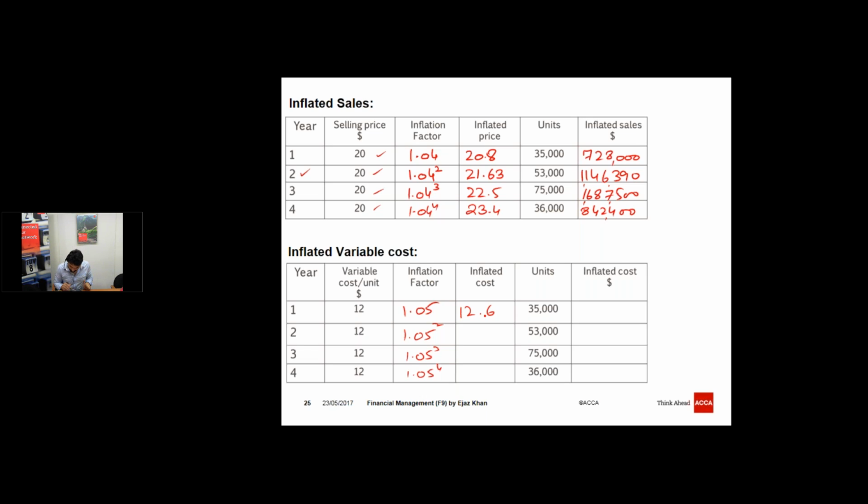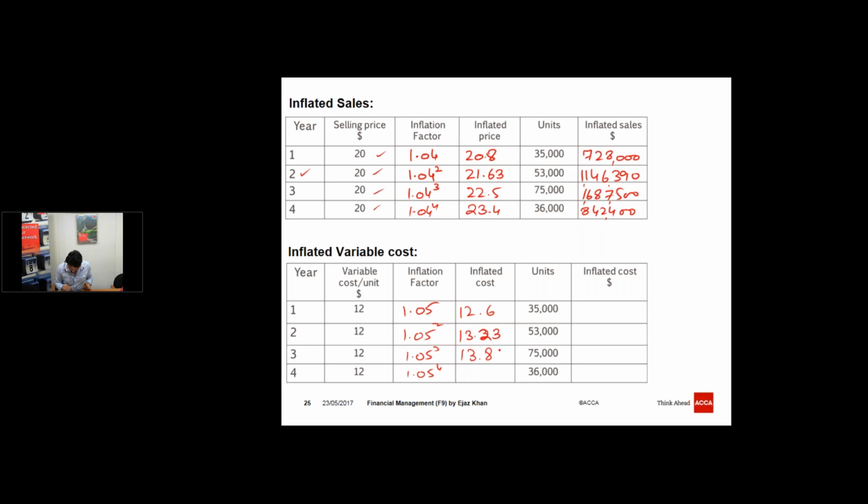For year two, it's 13.23. Okay. For year three, 13.89.